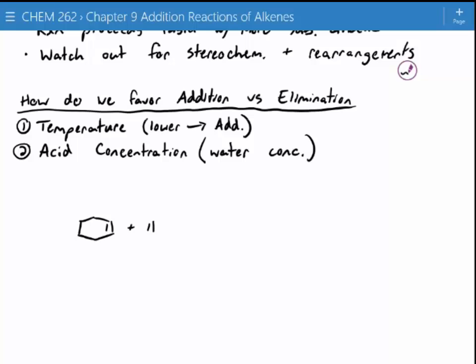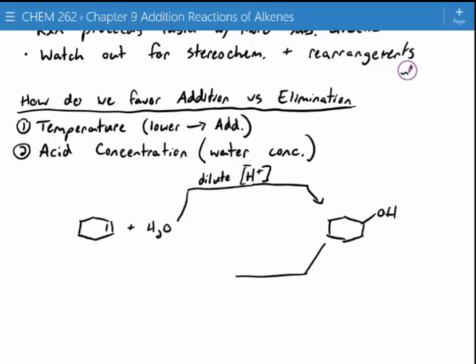If we have cyclohexene and we're trying to react it with water, and we've got dilute acid, so dilute catalytic acid, we can drive formation of cyclohexanol. However, if we do this same reaction going from cyclohexanol and we want to go to cyclohexene, we want to use concentrated acid, right? So we'll say concentrated H+. And we said we want to do this one under high heat as well.